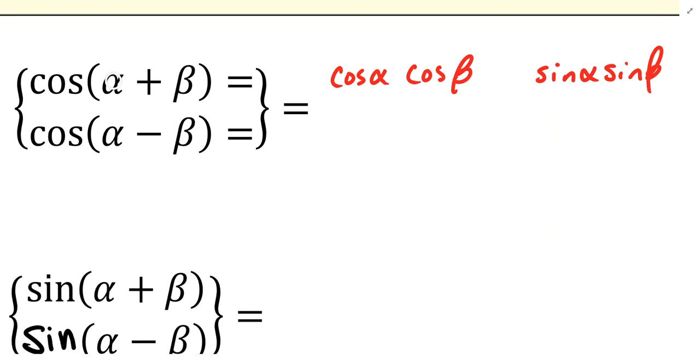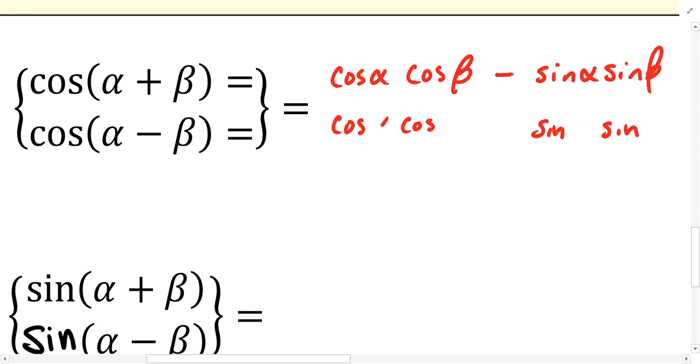What's interesting is that the sum identity for cosine requires the subtraction of these two. Now the difference of cosine is again built with cosine, cosine, sine, sine, alpha, beta, alpha, beta, but this one down here requires the plus symbol.